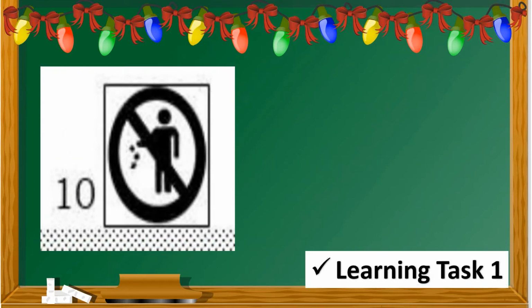Last one, number 10, the answer is letter C. You must not litter here. So those are signages. By the way, signages are the use of signs and symbols to communicate messages. And those signs and symbols mostly communicate the rules and regulations. And when we are expressing rules and regulations, we can use modals.